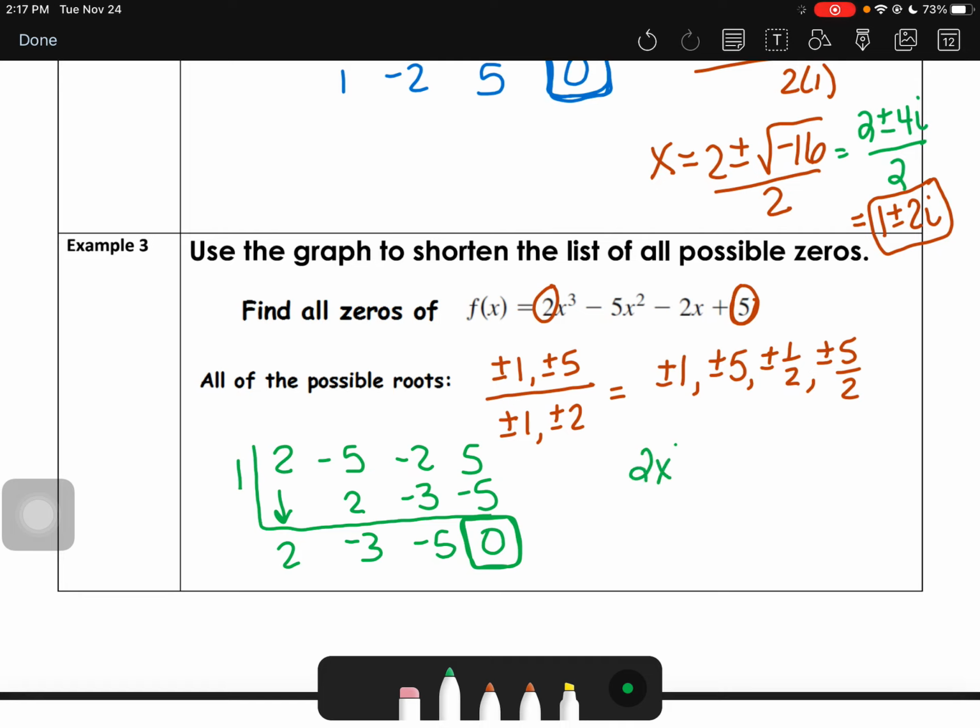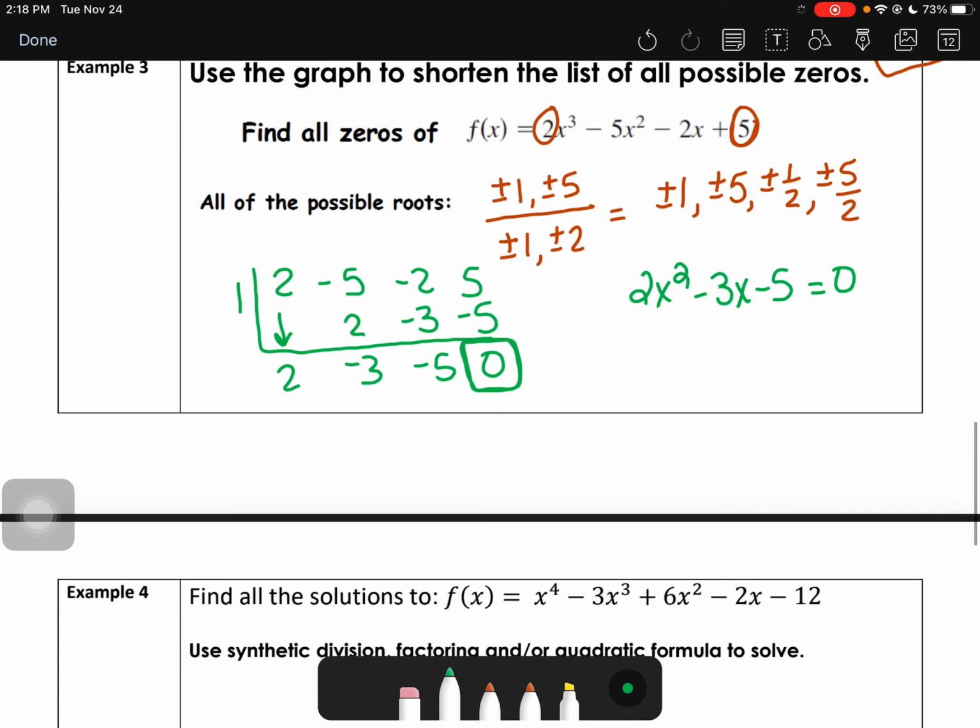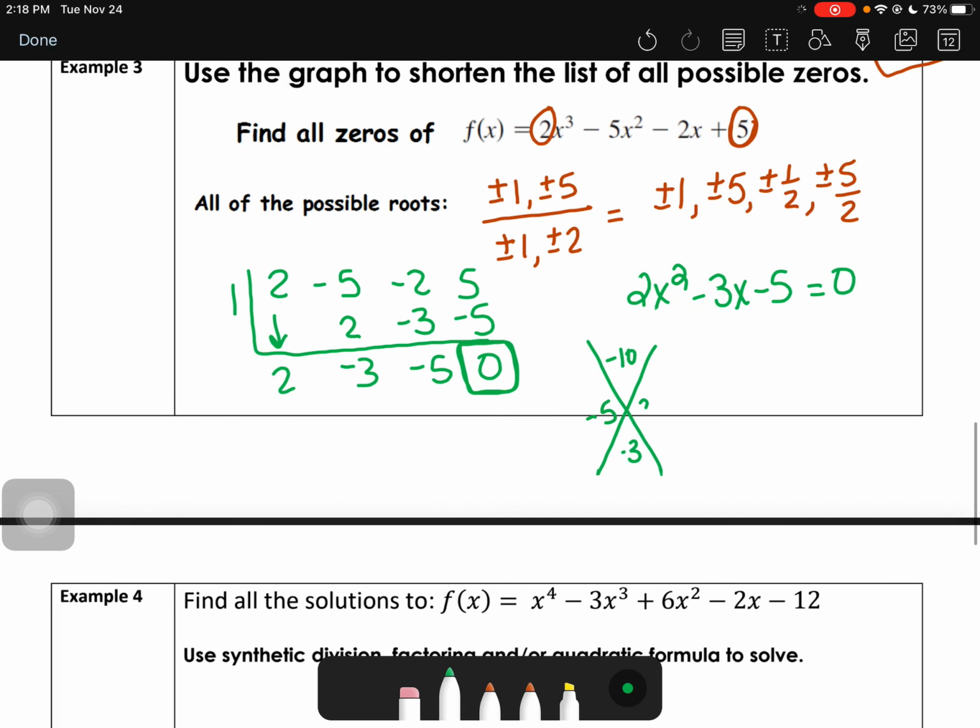So we have 2x squared minus 3x minus 5 equals 0. So let's try factoring that. In the top we'll have our negative 10, and the bottom we'll have negative 3. What two numbers will multiply to be negative 10 but add up to be negative 3? That would be negative 5 and positive 2.